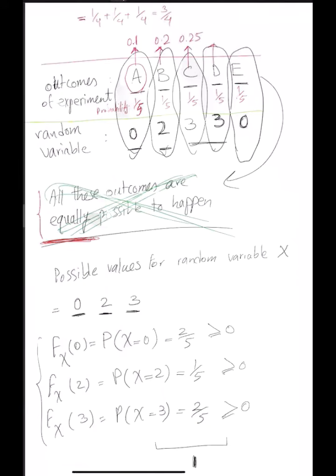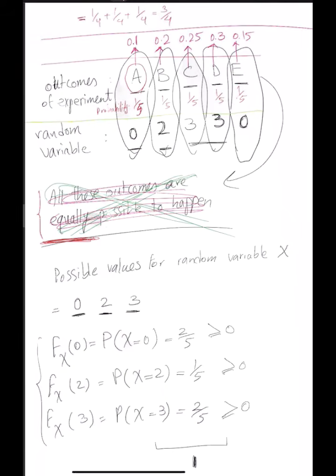D has the probability of 0.3. And E has the probability of 0.15. Let me just make sure I get the numbers correctly. Okay. So they do not have the same chance of happening, so forget about this part. I give you the probability of each one of them happening separately.